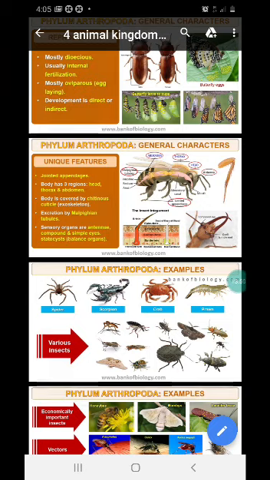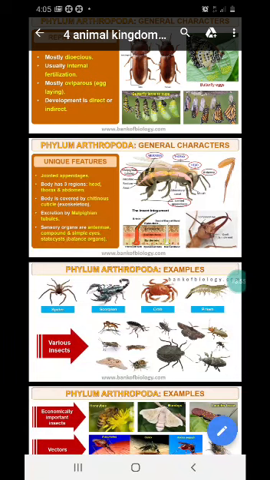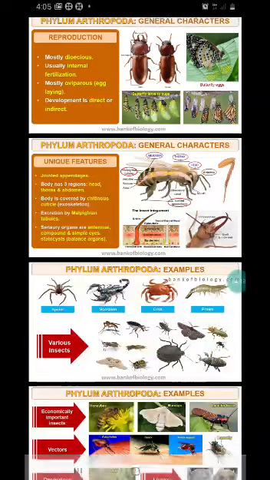Caterpillars become cocoons, and cocoons give rise to the adult form. They have jointed legs, and their body is differentiated into a head, the thorax, and abdomen region.